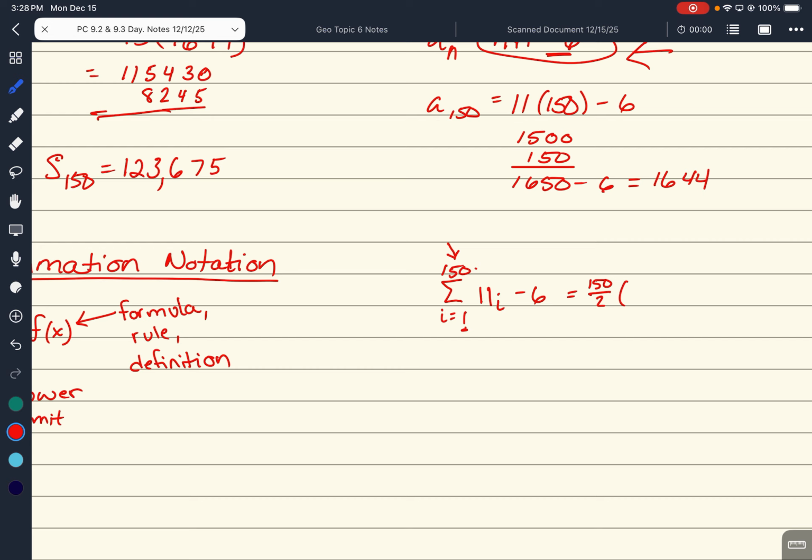We find a sub 1 by plugging in 1. If I plug in 1 to this equation right here, I get 5. Why is it 150 over 2? Because there's 150 things we're adding. Plus, a sub n is the last, where you plug in your upper term.